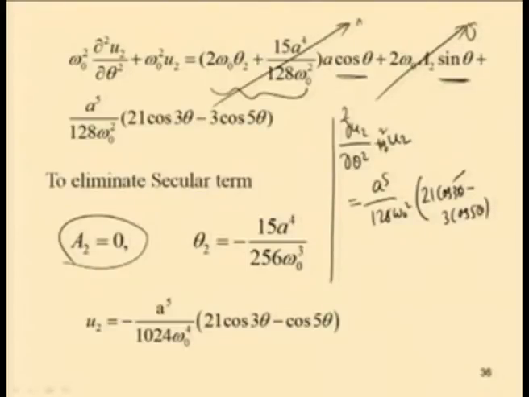So, in this case, by substituting for this term, our auxiliary equation will be D square plus omega 0 square, into u 2 on the right hand side. In place of this D square, we have to substitute the square of this 3 or the square of this 5.